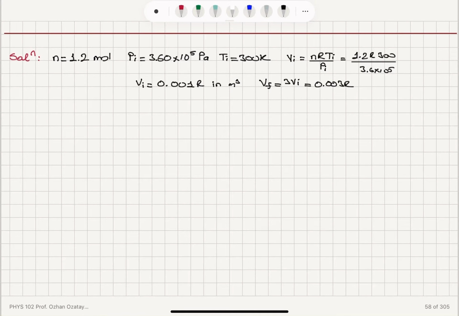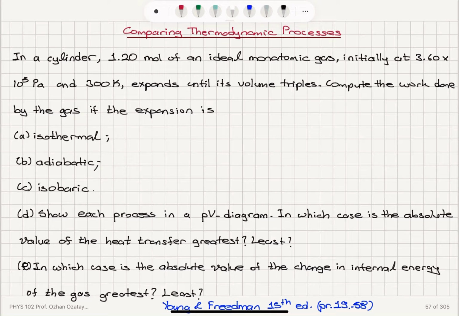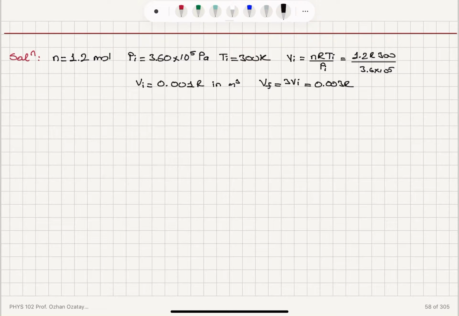And I also know that this is an ideal monatomic gas. Therefore, CV must be equal to 3 over 2 R, CP must be equal to 5 over 2 R, and gamma must be equal to 5 over 3.